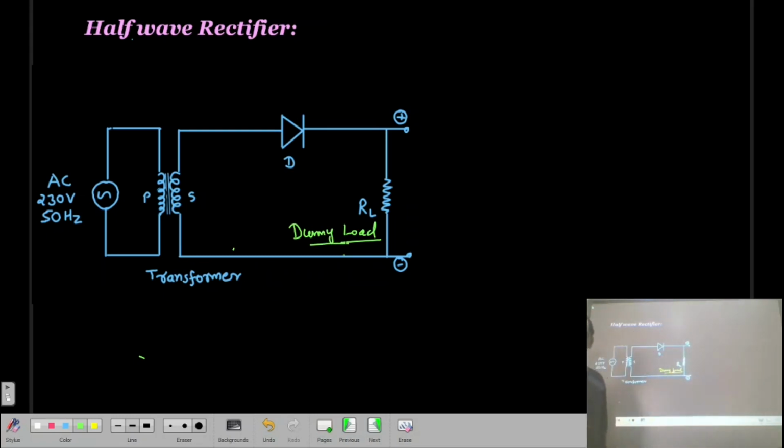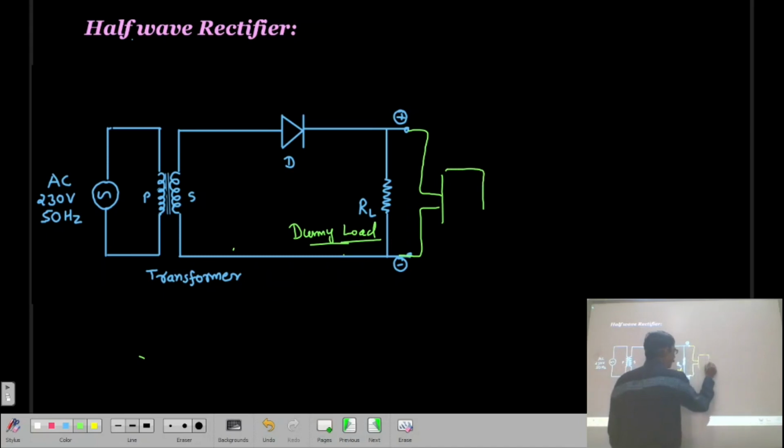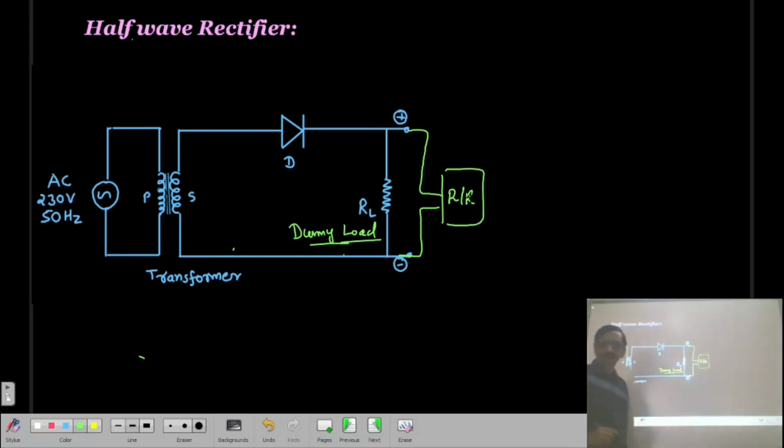Remember, when you are using your power supply, your rectifier, whatever DC voltage is there, suppose this DC voltage you are applying to your radio receiver, correct?